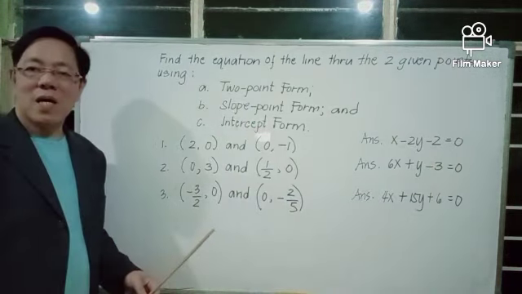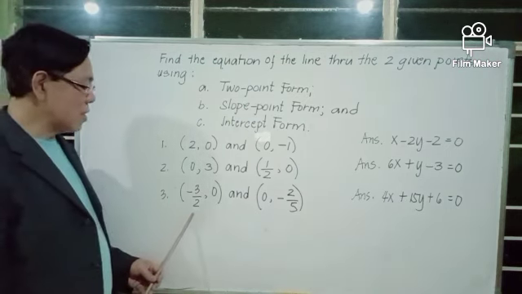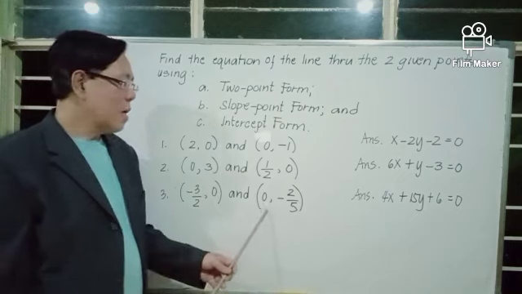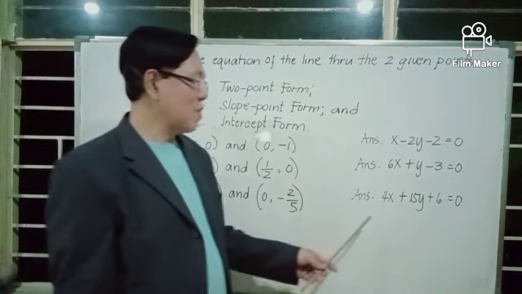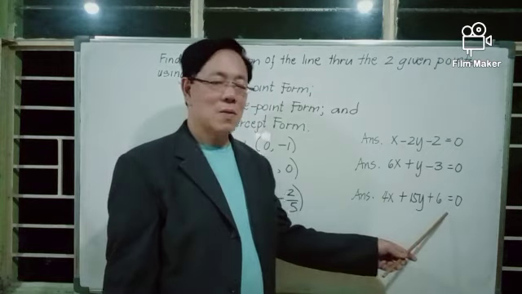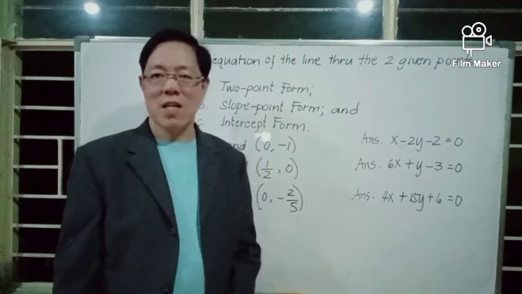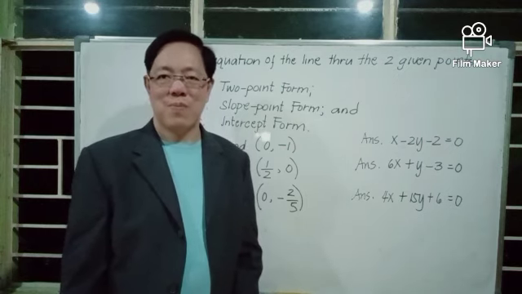And the equation of the line passing through the two given points in number 3, which are (-3/2, 0) and (0, -2/5), is 4x plus 15y plus 6 equals 0. These equations of the line are in standard form or general form.